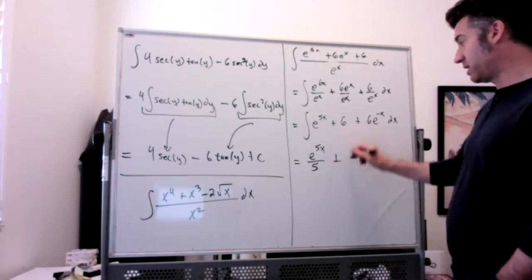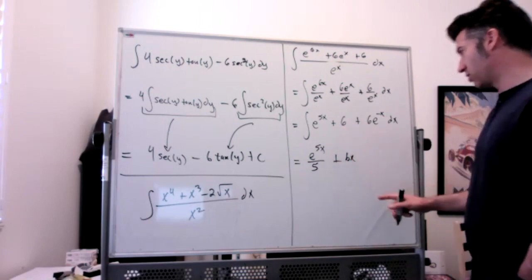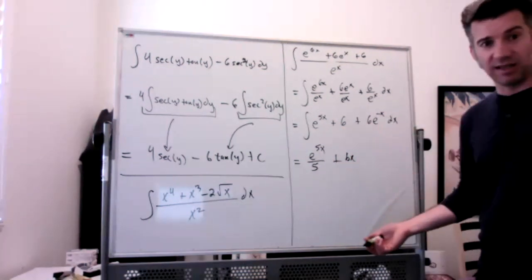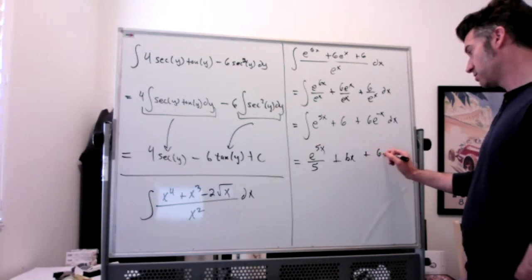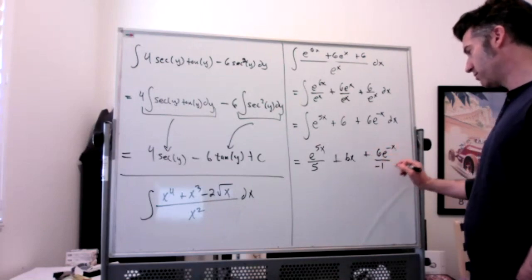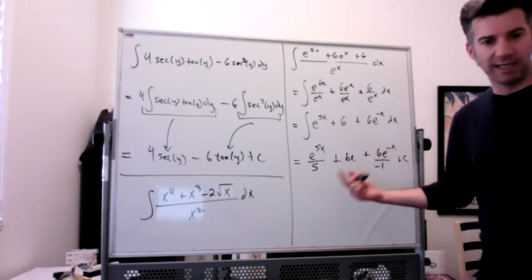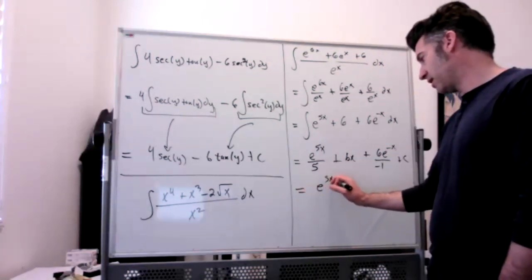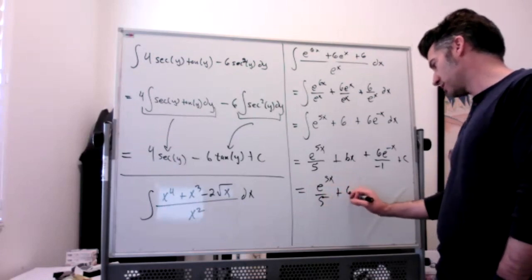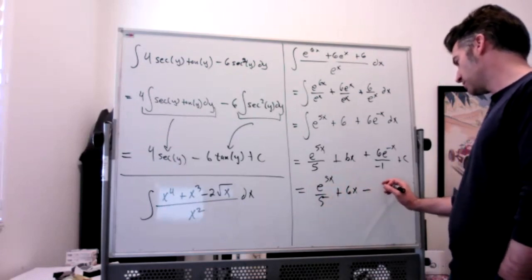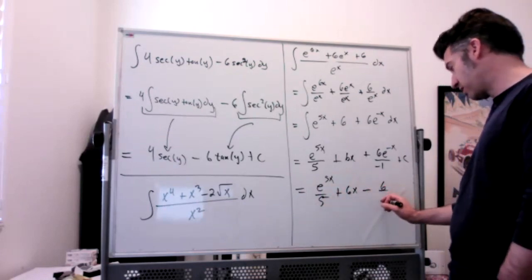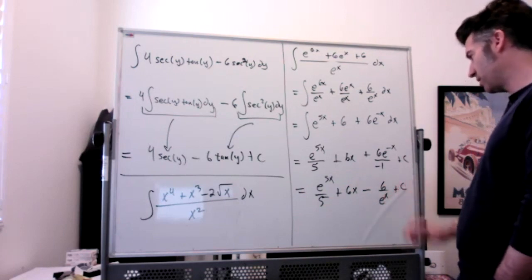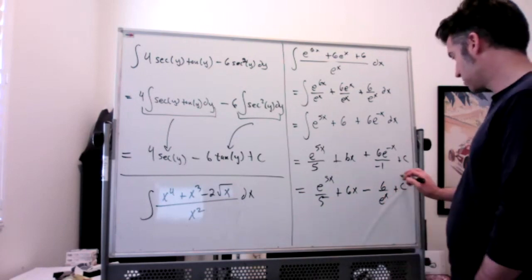So the integral of 6 is 6x. And the integral of 6e to the negative x is 6e to the negative x divided by negative 1, which we usually just write as minus 6e to the negative x. So this would be e to the 5x over 5 plus 6x minus 6e to the negative x, or 6 over e to the x if you prefer writing it that way. Either way.